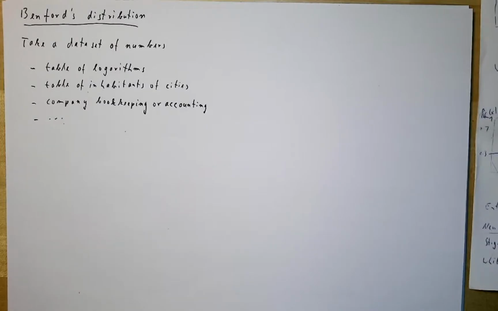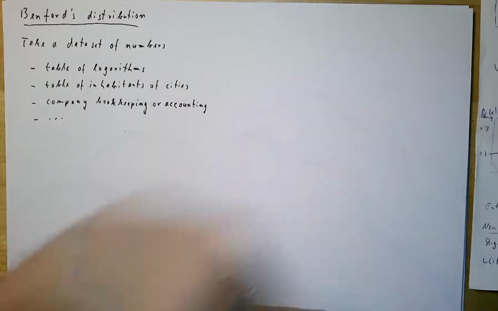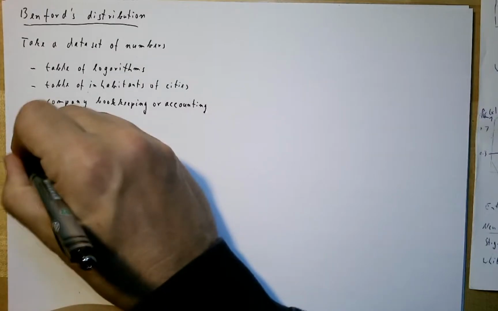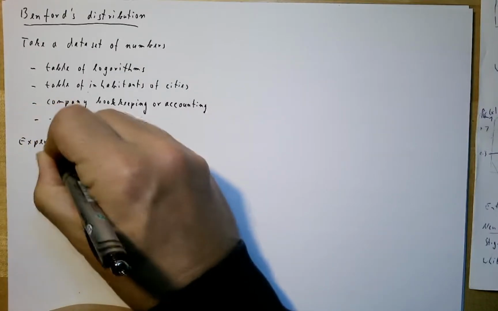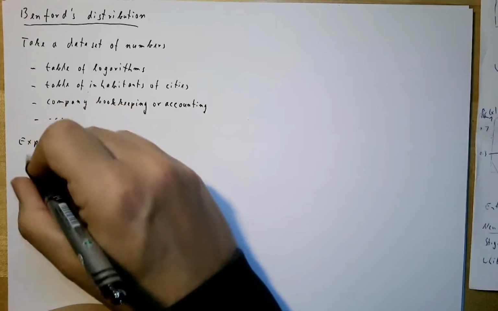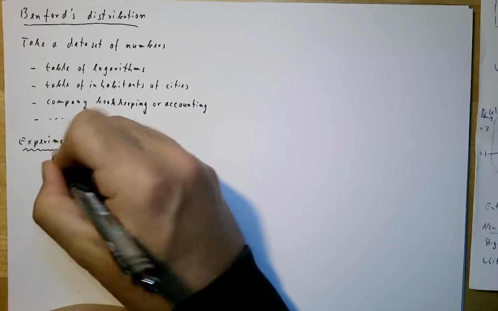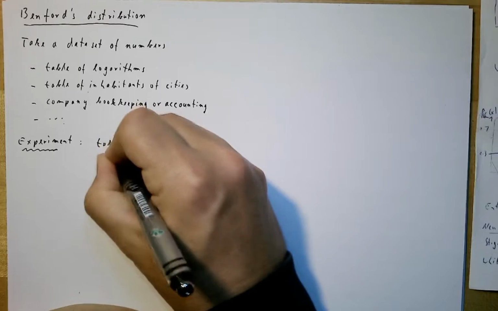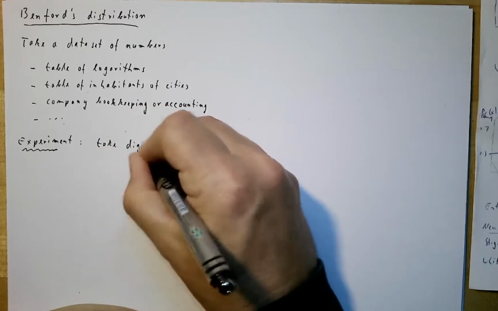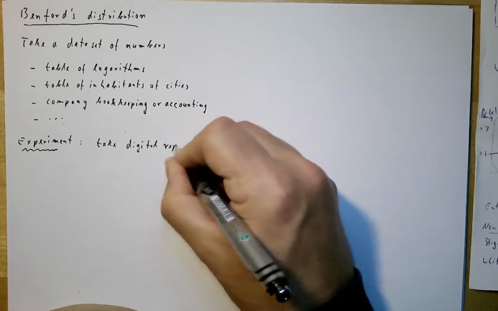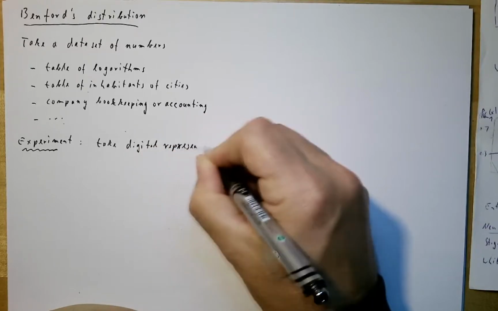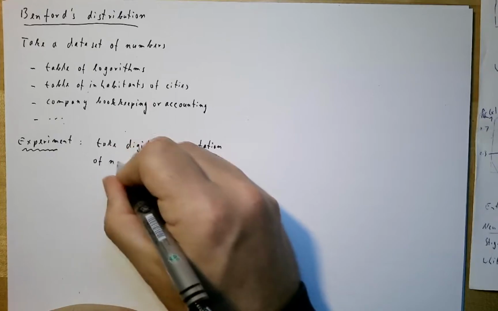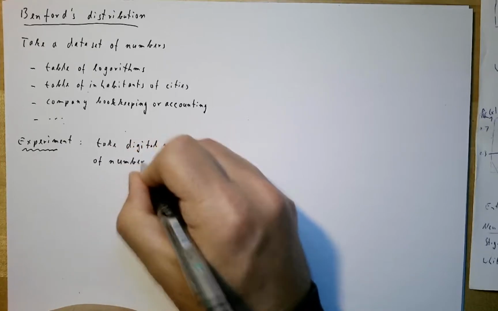Now you could think, what can all of the numbers in all of these data sets have in common? And now we make an experiment. For every number, we take the digital representation of the number.